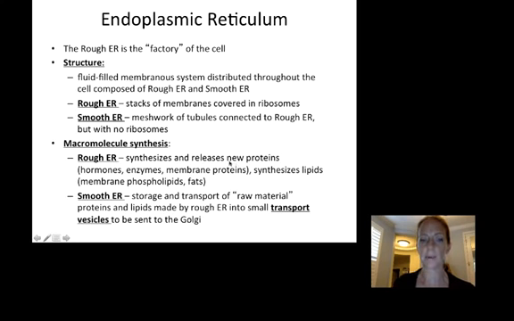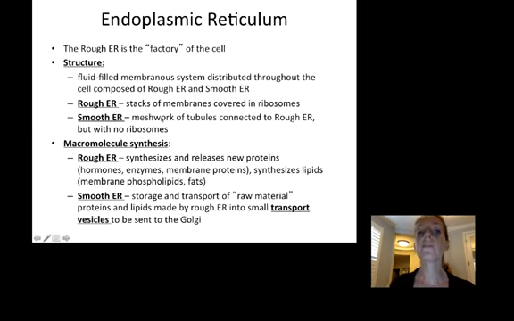For example, hormones, enzymes, membrane proteins. It also synthesizes lipids, membrane-bound phospholipids to recycle portions of the membrane, and other fats or lipid molecules made in the cell. It is called rough ER because it is covered in ribosomes, which gives it a rough appearance.